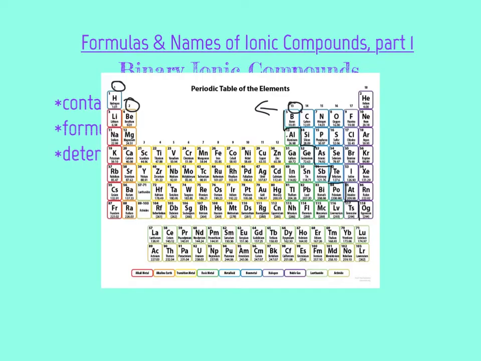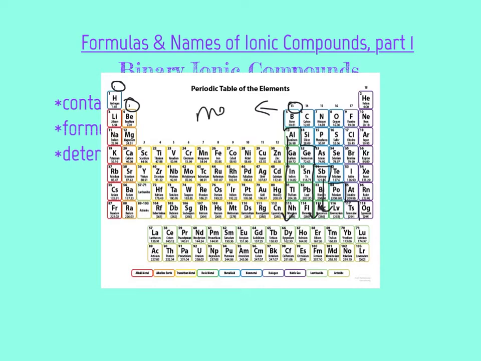So starting with aluminum and then working its way down. You might also see a couple of these in group 14 here as well, or the other ones underneath 15. So basically these are pretty consistent within what we'll be using for metals.